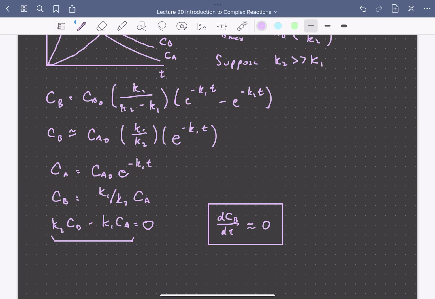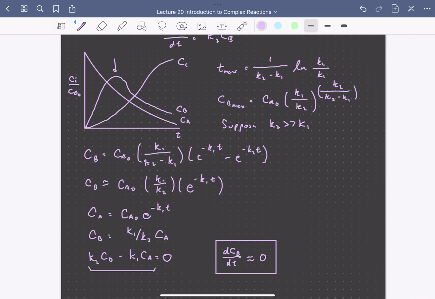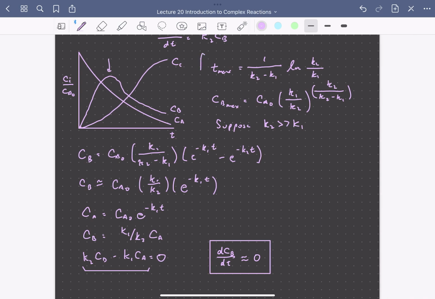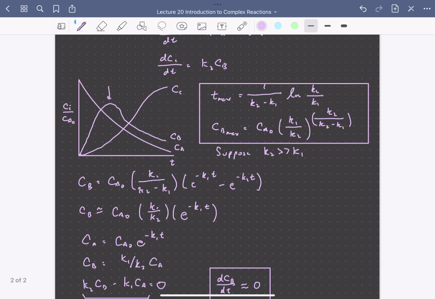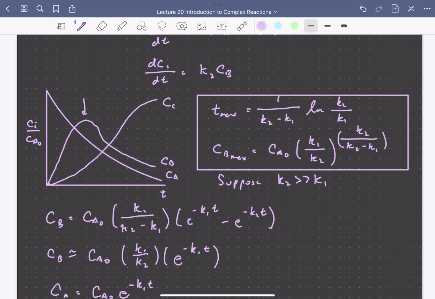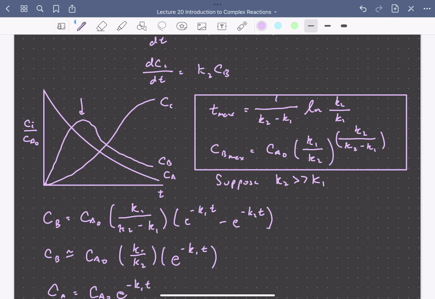So from our previous expression, we can see that if the second reaction rate constant, K2, is much, much greater than K1, the time at which the concentration of B will go through a maximum will tend towards 0.